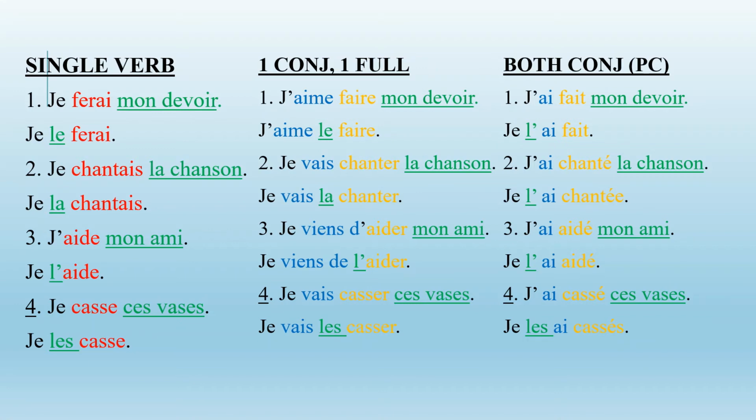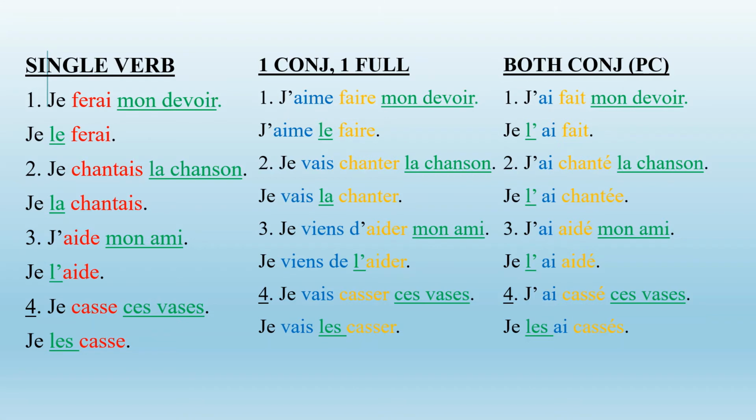Now what happens when you have both conjugated? This happens only in the case of passé composé. When you have one auxiliary and one participle, what do you do? So look at the first example there. J'ai fait mon devoir. Mon devoir is the object which has to be replaced by le, because it is masculine singular.